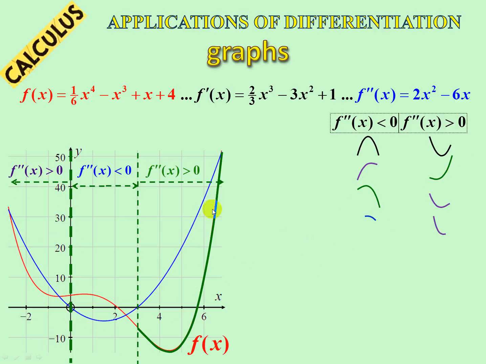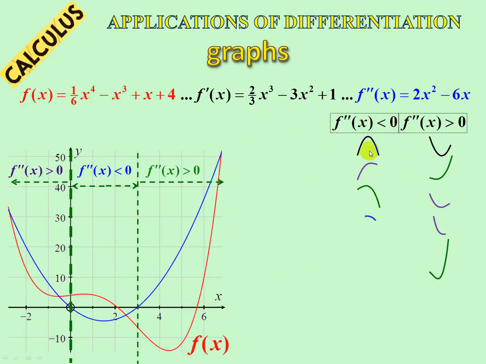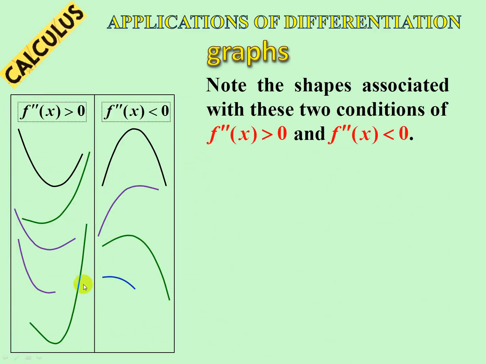Here the second derivative is positive again, above the axis, so therefore there's our shape, and let's put that under positive second derivative. So now we have a whole lot of things to look at. Let's put them like that. Notice all I've done is I've taken these and transferred them to compare the shapes.